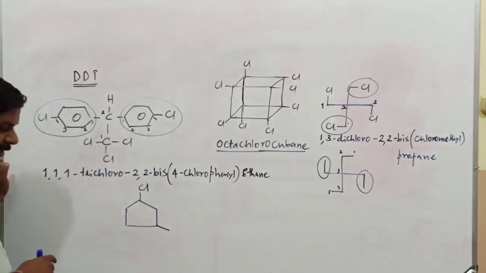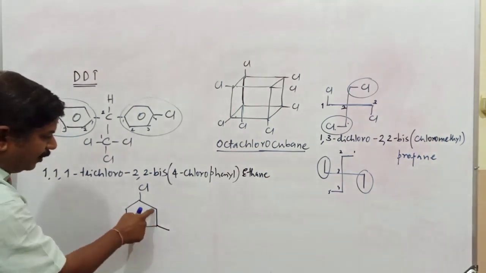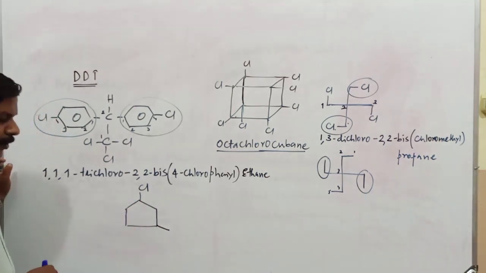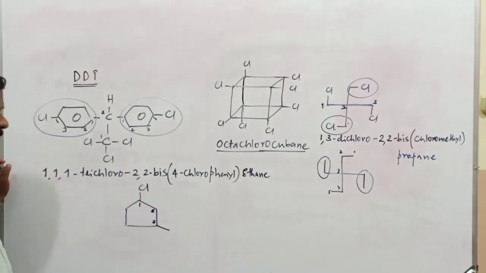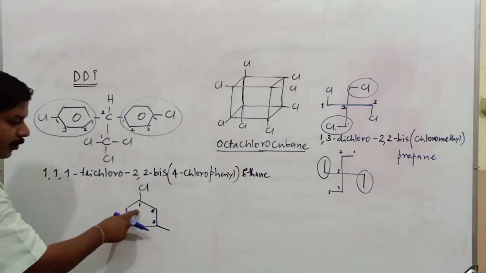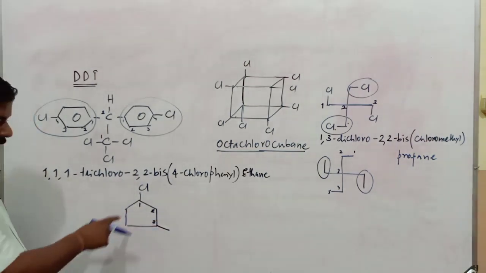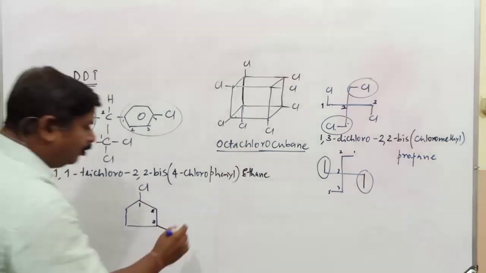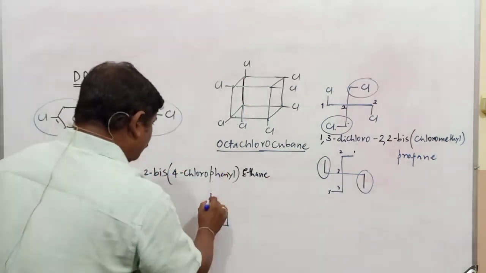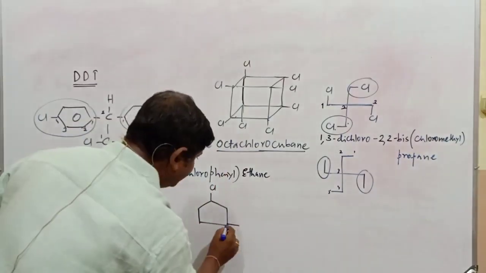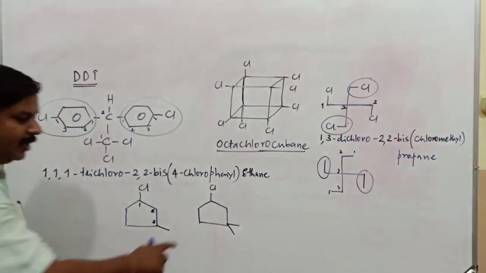Numbering could be 1, 2, 3 either way, but here alphabetical order should be followed. So this should be 1, this second, and this one third. Now the correct IUPAC name of this compound is 1-chloro-3-methylcyclopentane.